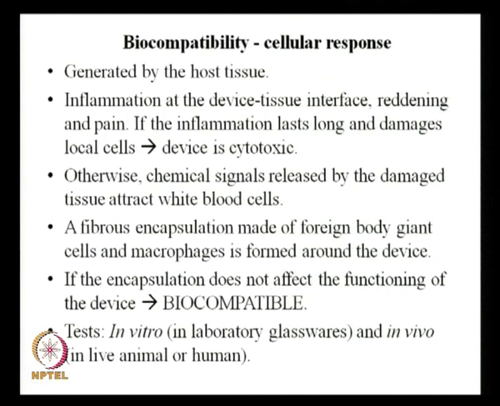If this fibrous encapsulation forms, that means you are still okay, you do not have a problem. The material is not destroying the cells. Rather, the tissue that you have damaged intentionally when you put the device inside sent a signal and attracted white blood cells, which form an encapsulation around the material. That part is okay, and the material can still be biocompatible.